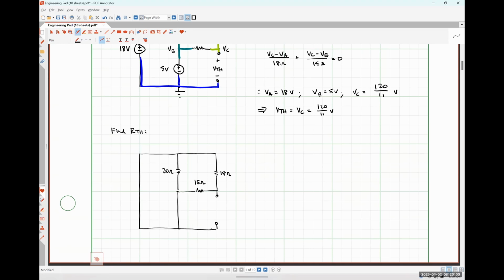And these are the terminals that I'm looking into to solve for RTH. So I have a feeling that I know what this equivalent resistance is, but just to make sure I'm not going to make a mistake here, I'm going to identify my nodes and all of that kind of stuff just to be on the safe side. So here's one node.